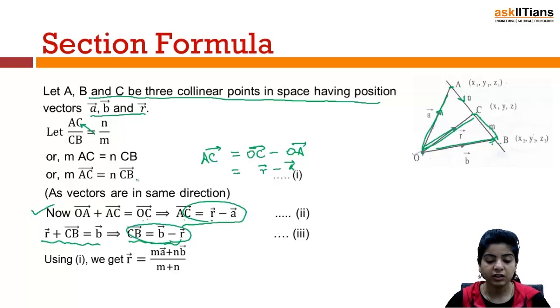And now using this equation, I had M into AC is N into CB.